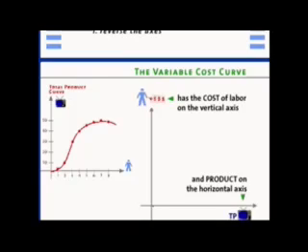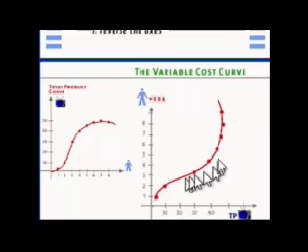Now, if I want to produce 10 television sets in a week, I know that I have to hire 2 workers, and I multiply those 2 workers by $1,000, and I'll get my variable cost. So in order to turn a product curve into a cost curve, you need 2 steps of geometry. The first step is take your product curve and reverse the axes, taking the curve with it.